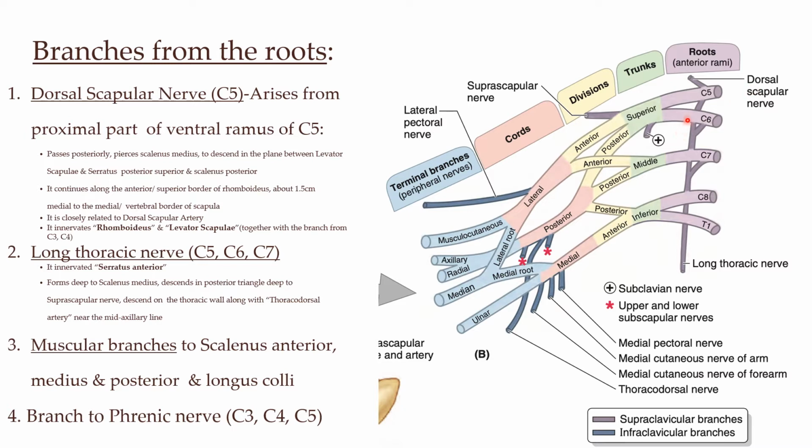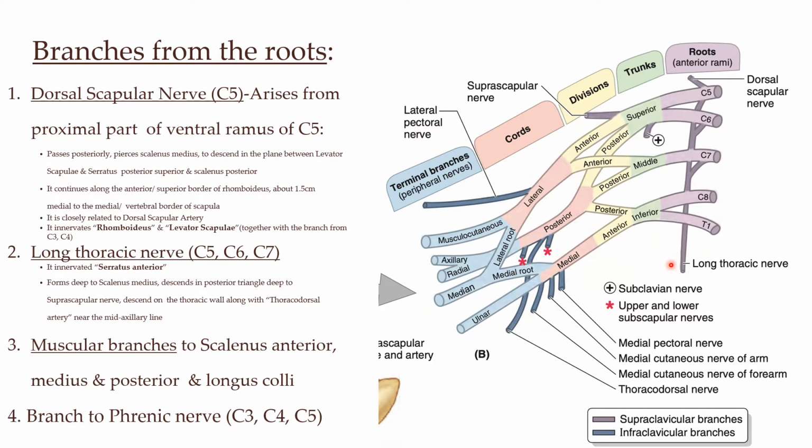The next nerve is long thoracic nerve, which you can see here. This is long thoracic nerve. It has the root value C5, C6 and C7. After taking origin, this long thoracic nerve enters the posterior triangle of the neck and crosses the axillary inlet in order to enter into the axilla. In the axilla, it descends along the medial wall of the axilla, parallel to or in proximity with the mid-axillary line.